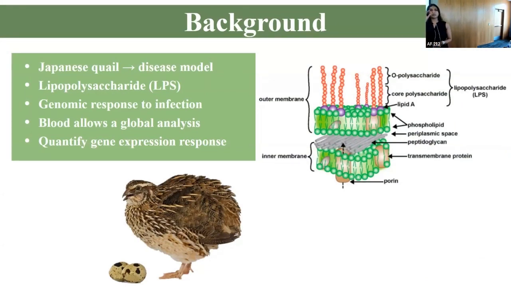And it's essentially a part of the cell membrane that is what our body recognizes as the immune threat. And so this is right here. It's this portion, this whole thing. And this is the actual cell membrane, but we just use this part because if we actually got them sick using a live pathogen, it would make it transmissible to the other individuals. So by using this, we were able to induce an infection without actually getting our individual sick.